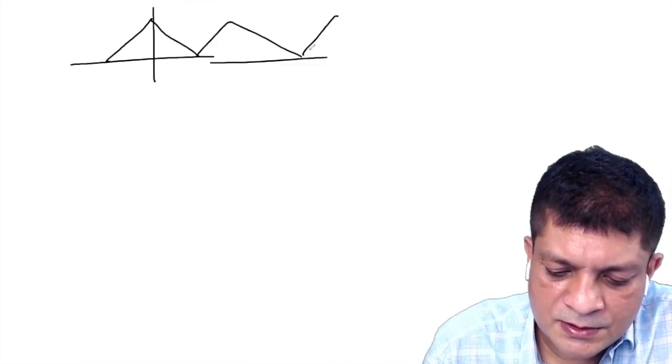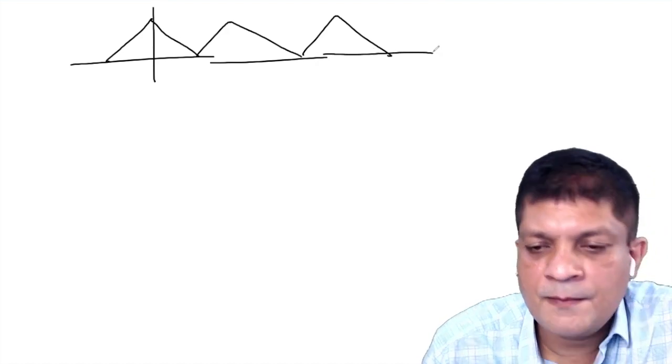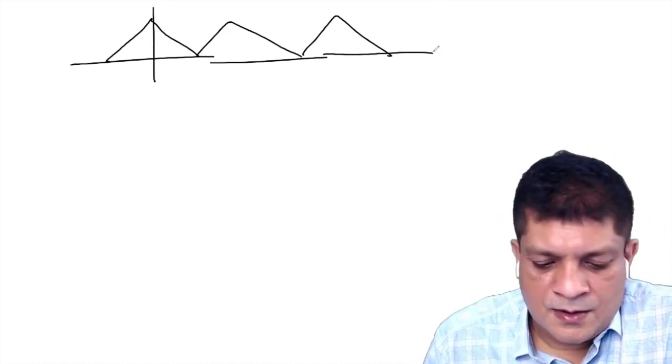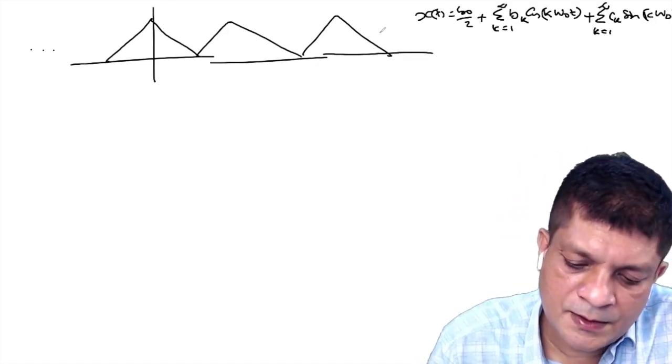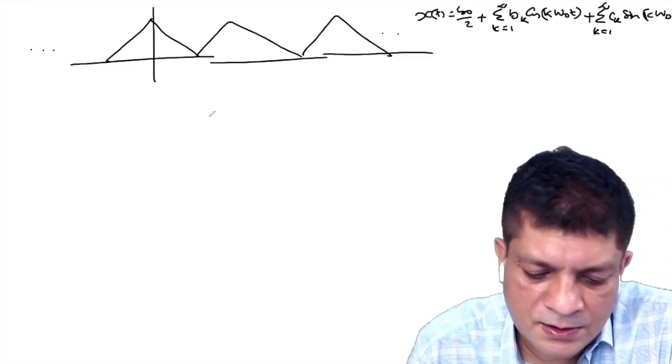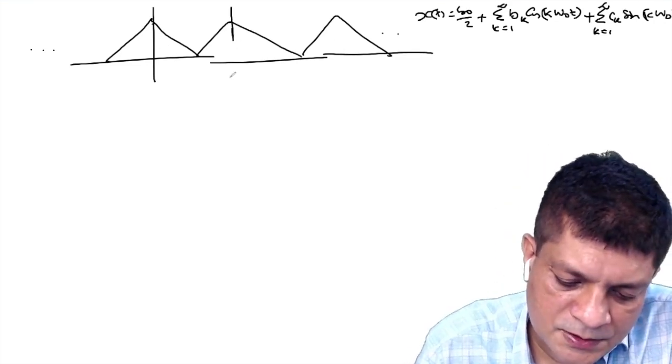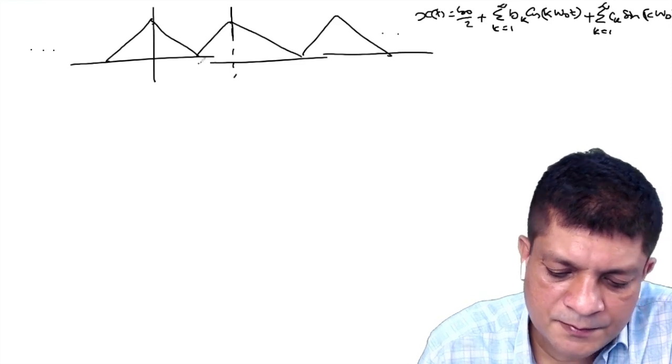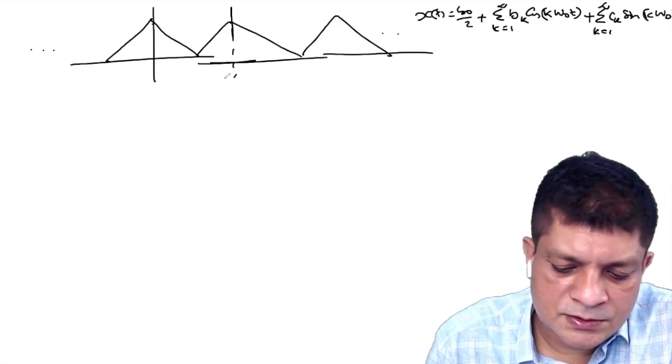This is a periodic signal. I have drawn a few periods of that signal. So this is one period of the signal, from here to here. So this is T naught.